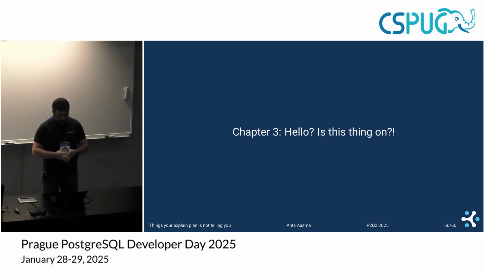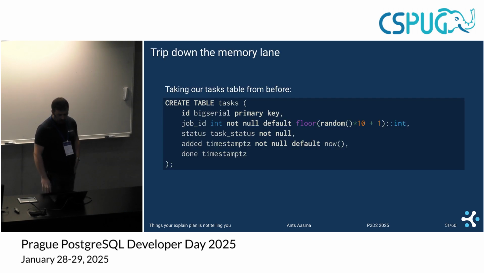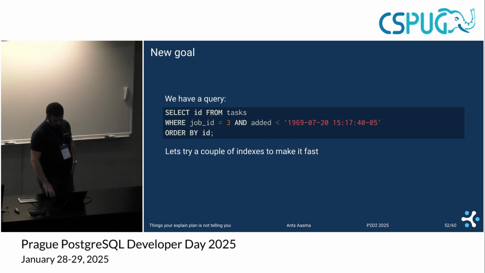And now, as a final chapter, we're gonna go look at index conditions. So we are gonna go back to the tasks table that we had earlier in the visibility map section. And now we have a new goal.